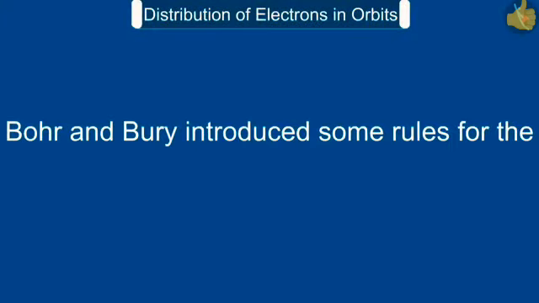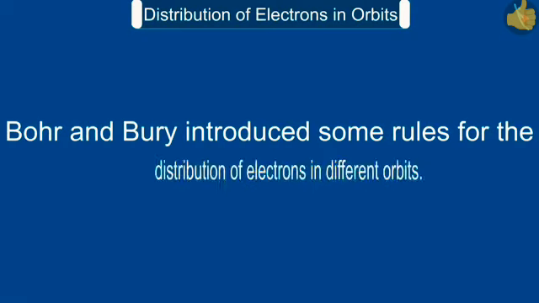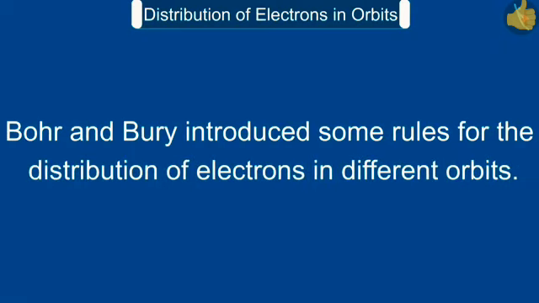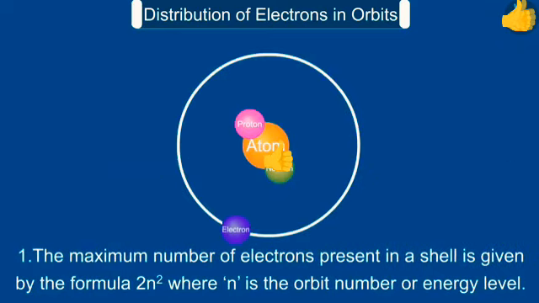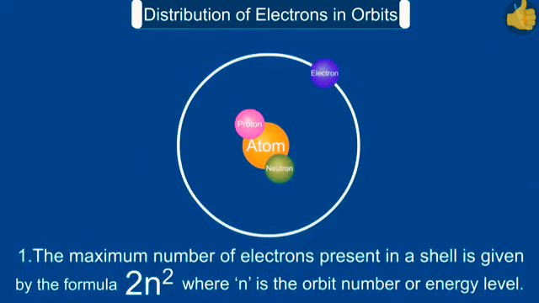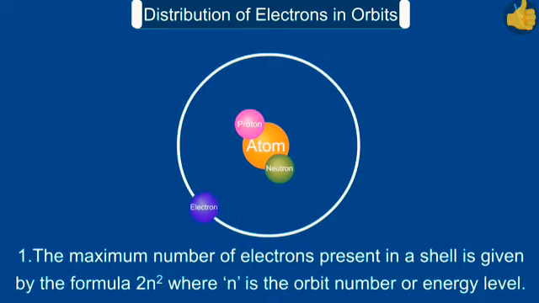Bohr and Bury introduced some rules for the distribution of electrons in different orbits. 1. The maximum number of electrons present in a shell is given by the formula 2n square, where n is the orbit number or energy level.